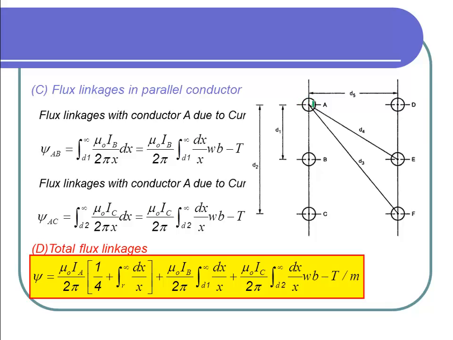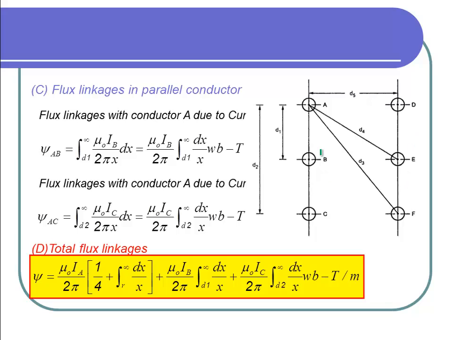That is not sufficient to calculate the complete inductance of conductor A, because there will also be a disturbance because of currents IB, IC, ID, IE and IF, which flow in the respective conductors B, C, D, E, F. We only have to consider the external fluxes of those remaining conductors, because internal fluxes will not affect it. Those external fluxes spread from the distance of the conductor to infinity, so that we have to consider here.